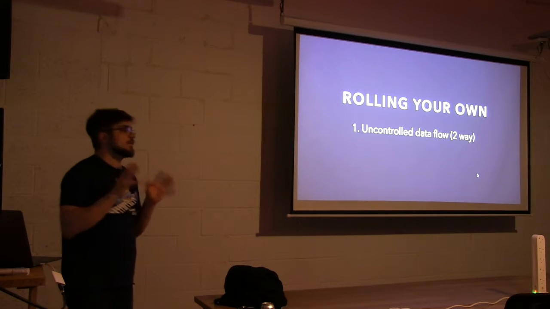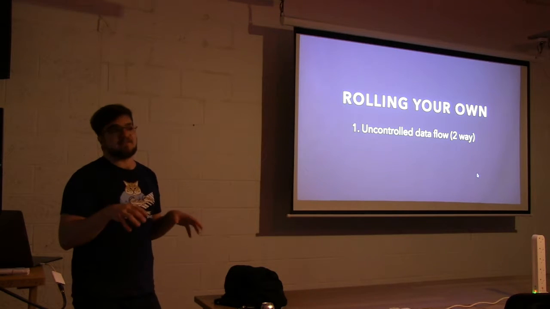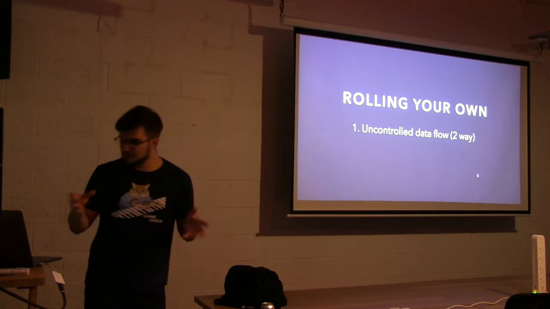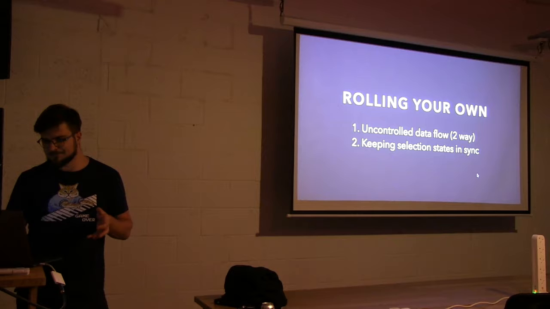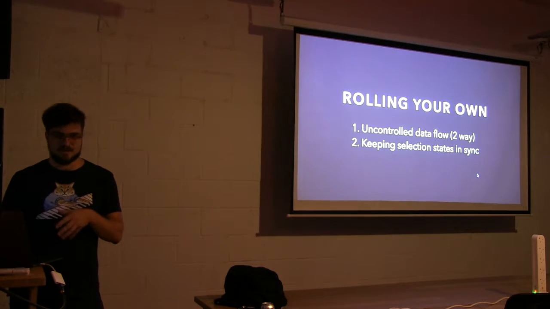And all the tools and solutions out there that use content editable basically implement a document model more or less from scratch. And that also means keeping the selection states in sync.